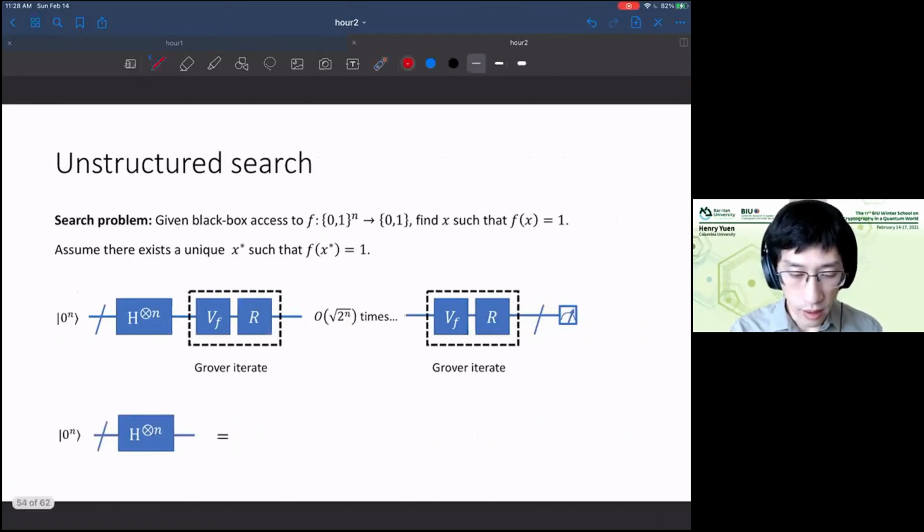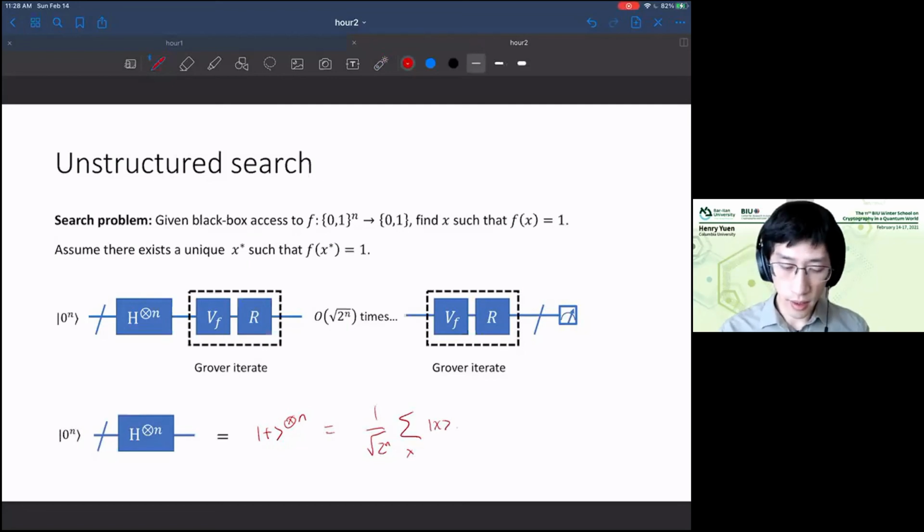Let me give a brief sketch of how you analyze this circuit and show that it works. What happens when you apply n Hadamards to the 0 state? Each 0 gets turned into a plus. If you write this out, this becomes the equal superposition of all n-bit strings.